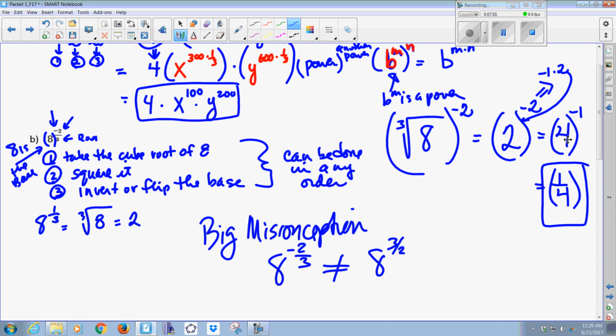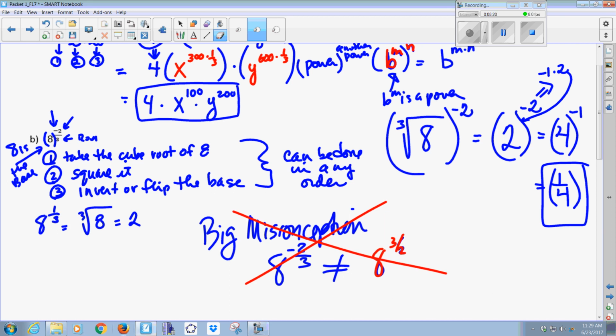Okay, these 2 problems can't possibly be the same. You have 2 entirely different exponents. Sometimes they even keep the negative with it, even after they do it. But the point here is you never change the value of your exponent when you're simplifying exponent problems. So this is a big misconception.